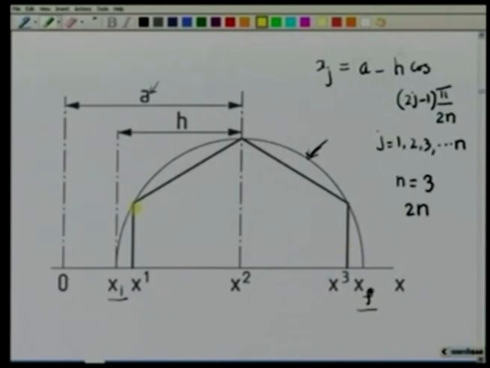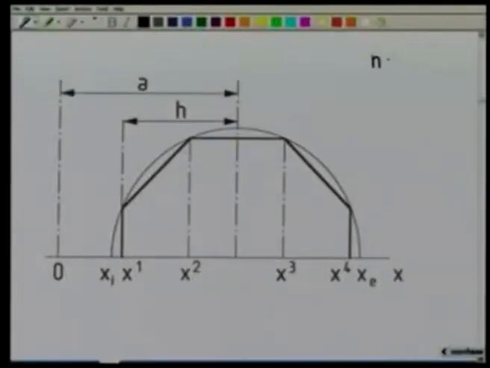Then the projection of these 3 vertices will automatically determine the Chebyshev's accuracy points given by this formula. This is x1, this is x2, this is x3.